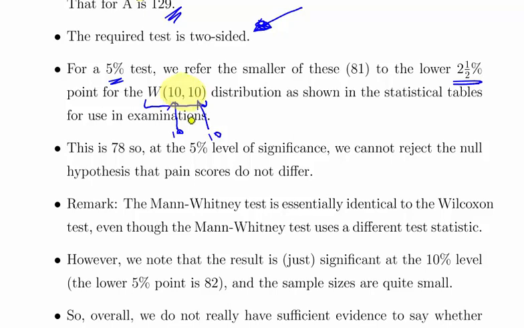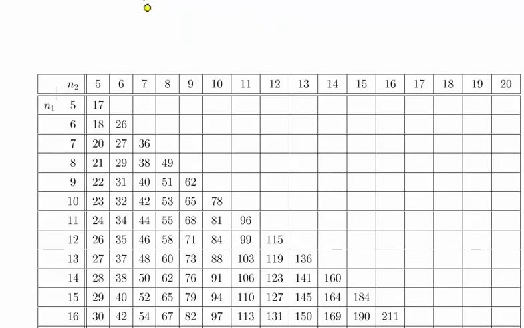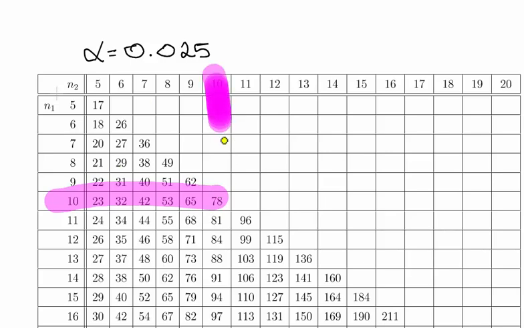Now, I have this at the back. This is my alpha equals 0.025 table. I should have made that a bit clearer. So essentially N1, the smaller of the two, and N2, the larger of the two, 10 and 10, go out here, 78.